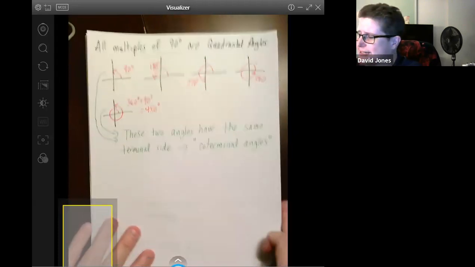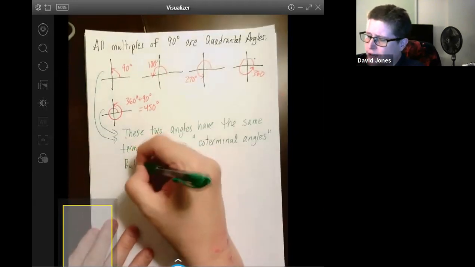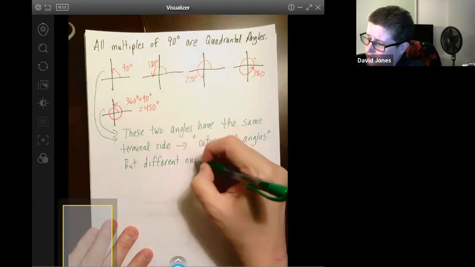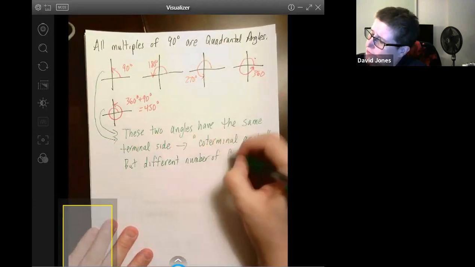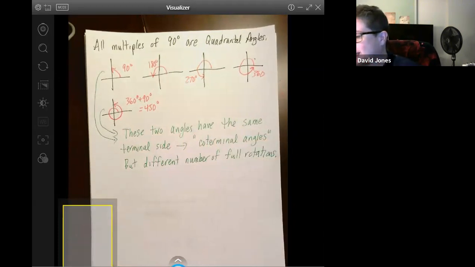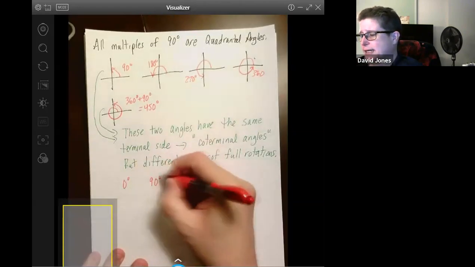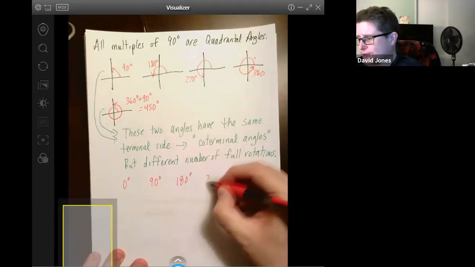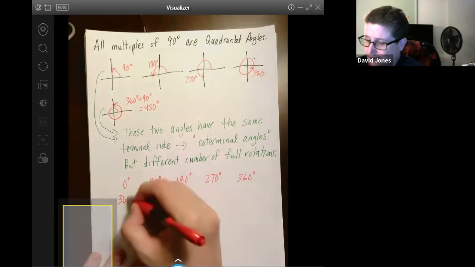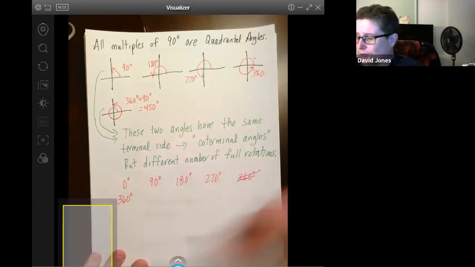Coterminal angles have the same terminal side, but different numbers of rotations. So the top one didn't have a full rotation, the second one did. So you got 0, 90, 180, 270, 360, which goes over here because that's the same angle.